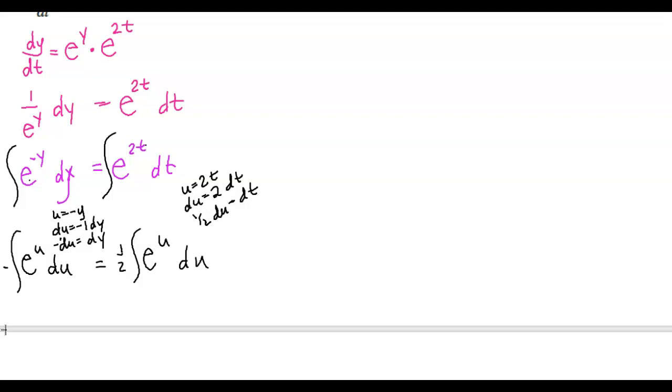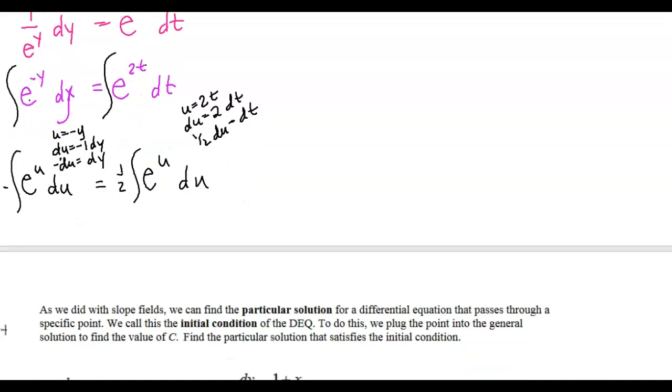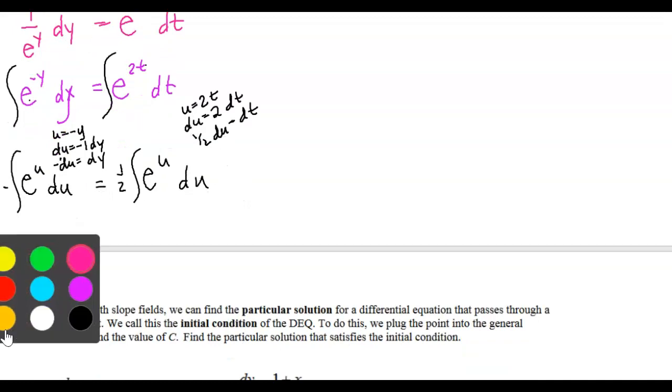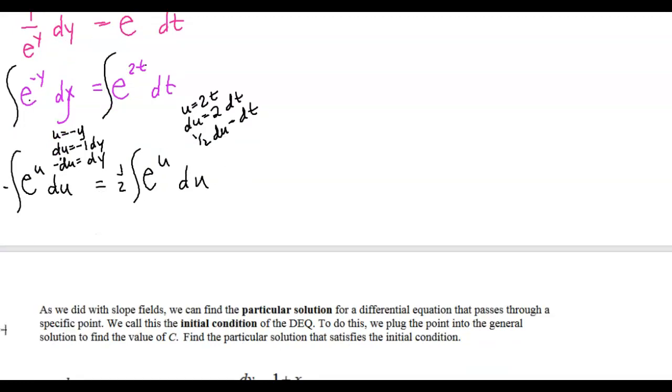All right, now notice, I know I have u's, but they are separate, so keep your left and your right separate in your own mind. All right, so when we integrate e to the u, we just get e to the u. So it's negative e to the u, and I'm going to plug that back in. Same thing here, I get 1/2 e to the u, plus c.